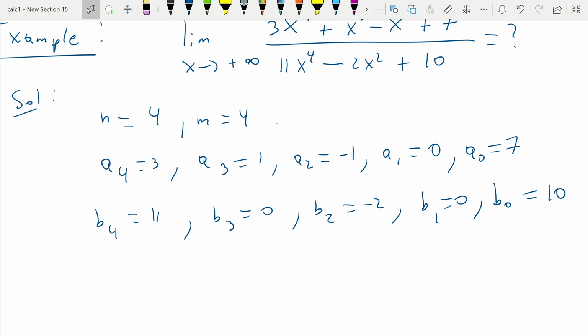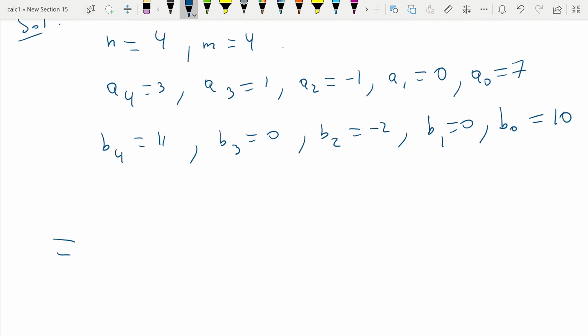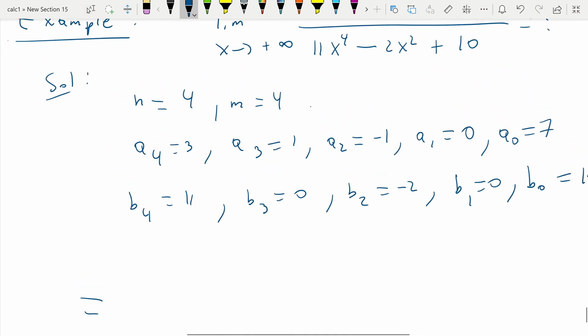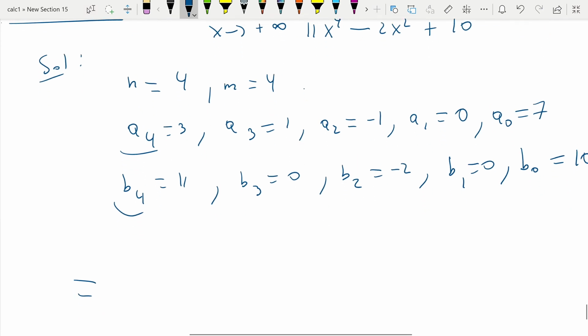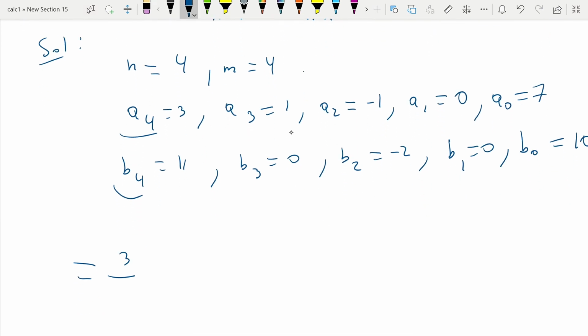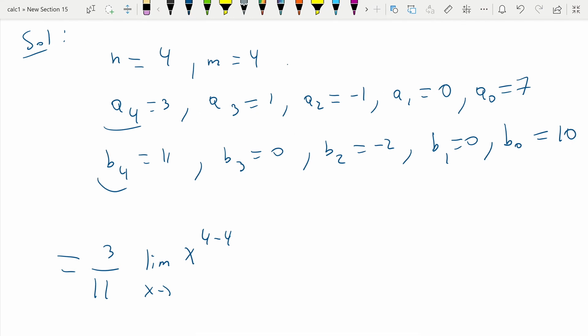So what does the theorem tell us? That this limit should be equal to, and we just care about a_4 and b_4, so it should be equal to 3 over 11 times the limit of x^(4-4) as x goes to infinity.